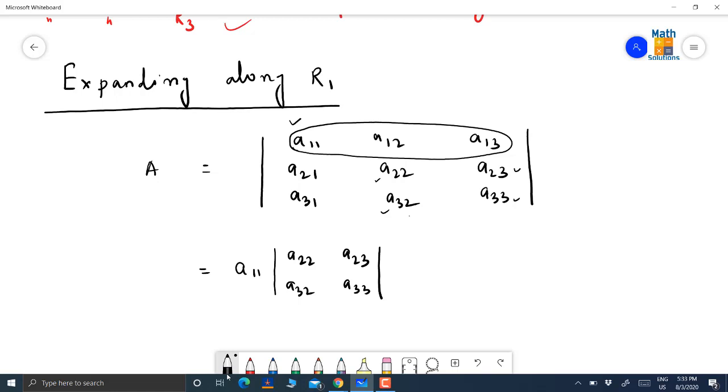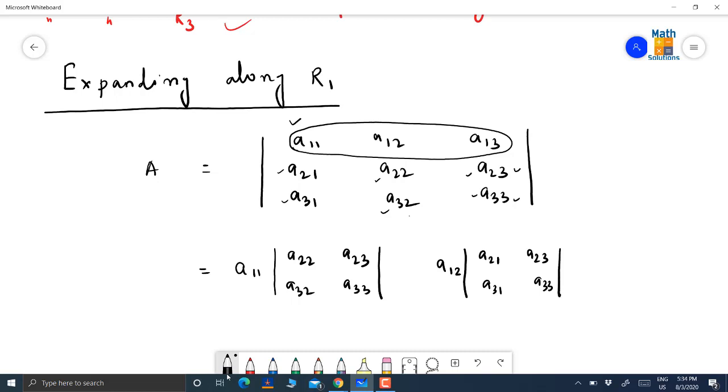Then I shall be putting here A12. There is a sign I have to put just before A12, but I shall be showing you one sign convention we have to follow here. Similarly, I find that A12 is lying in the first row and in the second column. That is why after writing A12 here, in my mind I have to delete the first row and the second column in which A12 was lying. So which elements were left? These 4 elements were left after deletion. So I can put here A21, A23, A31, A33.